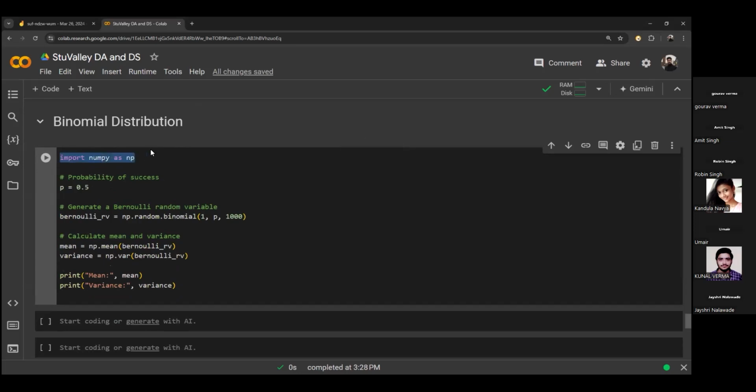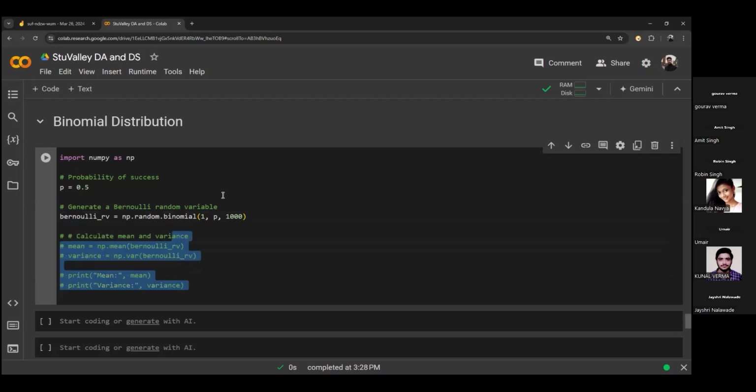Okay, import numpy as np and the probability of success is 0.5. Maybe we are doing the toss here, right? So you'll write np.random.binomial. Okay, let me show you this first.